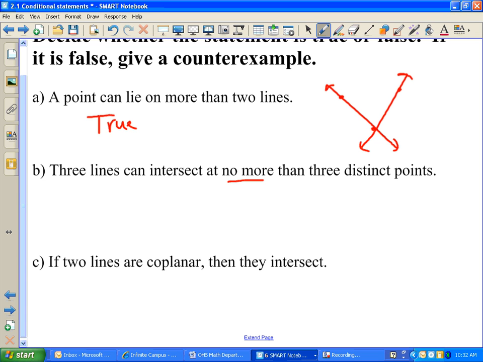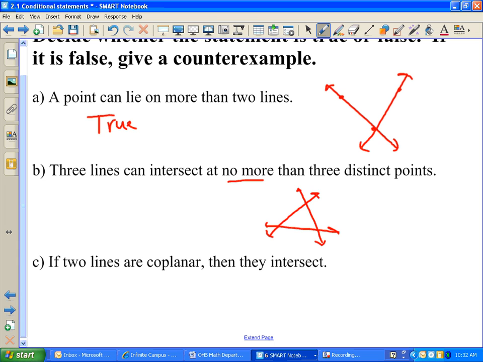Give me 3 lines that intersect at 4 places. Y'all said it was false. Well, if you did 3 lines and you made a triangle, how many times do you intersect? Well, show me how you get the 4th one. Square.